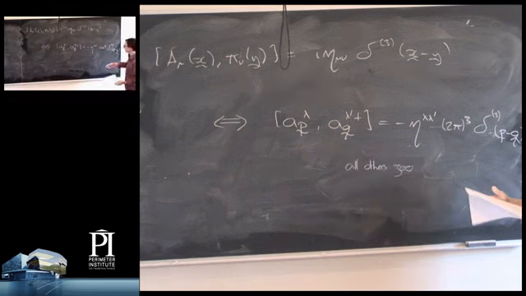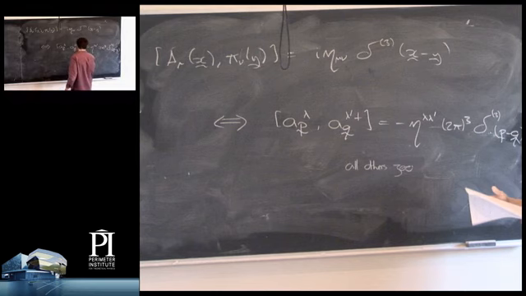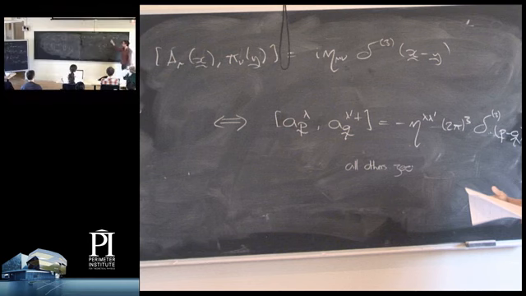So all others are 0. This is the usual kind of commutation relation we've seen over and over again. You just plug these into here.